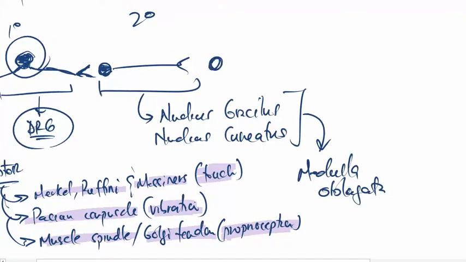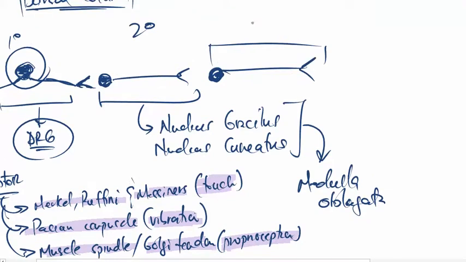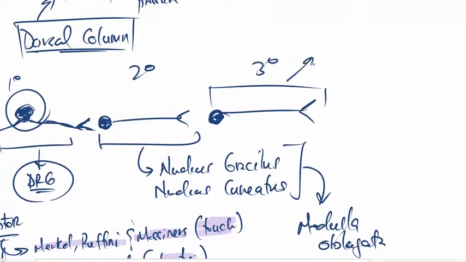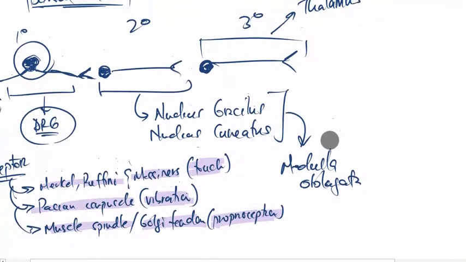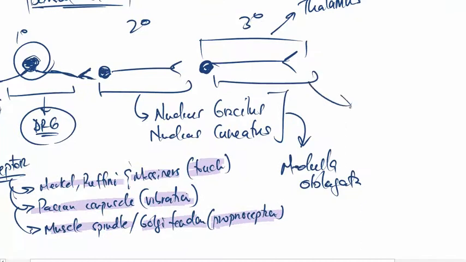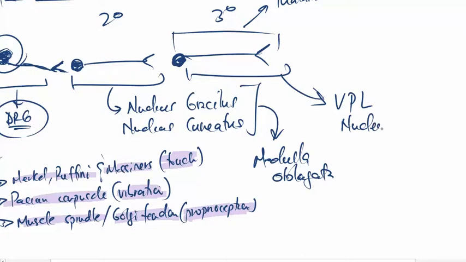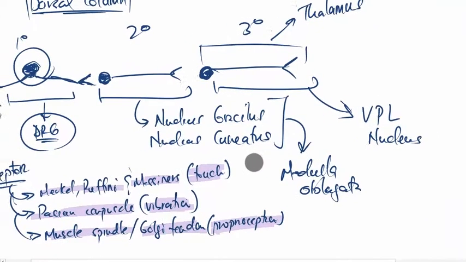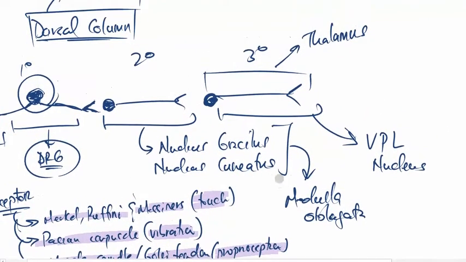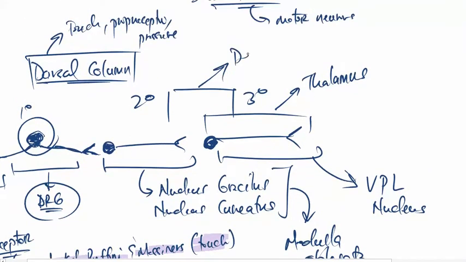Then the tertiary one is located in your thalamus, specifically the VPL, the ventral posterior lateral nucleus of your thalamus. From here to here, we're going to get a decussation, which just means that it crosses over to the other side.